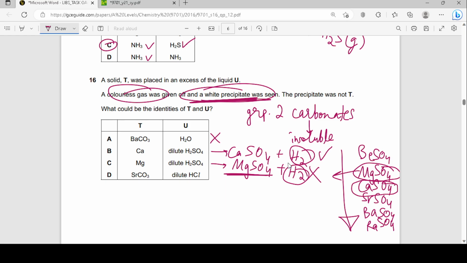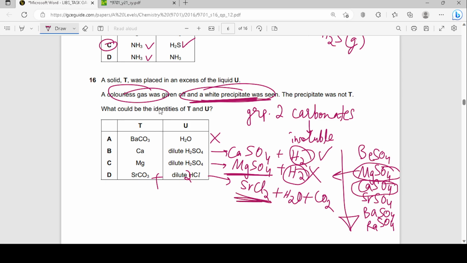In the last option, let me just make this 2HCl. So if it's SrCO3 plus 2HCl, you'll get SrCl2 plus H2O plus CO2. The thing about SrCl2 is that it's soluble, so it will dissolve.